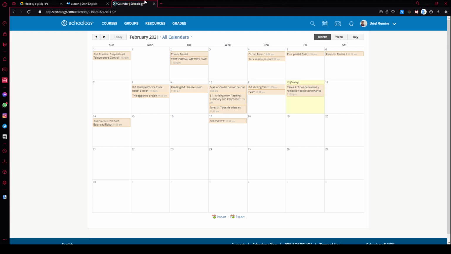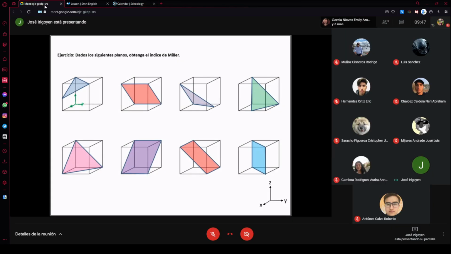So let's try to do the first exercise and then you do the rest. So we establish the axes here. Tell me, what's the intersection of this plane with the rest of the planes?